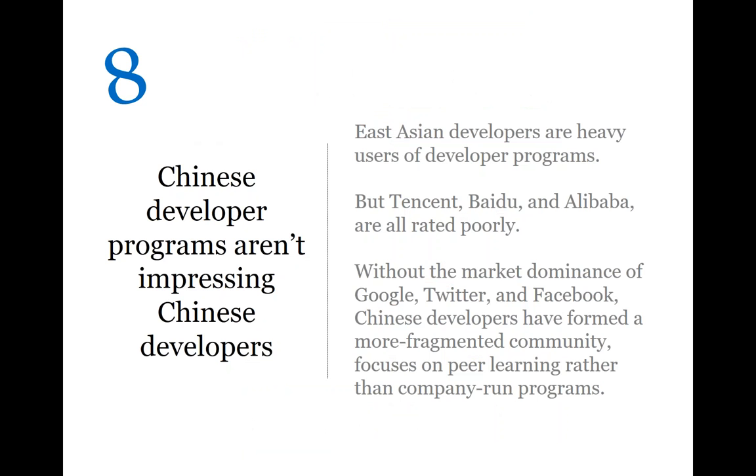Moving on, Chinese developer programs aren't impressing Chinese developers. It's an interesting thing, and if we look at the figures, we see that in East Asia, they're heavy users of developer programs. We know that they like developer programs. But if we look at the big Asian companies, Tencent, Baidu, Alibaba, all rated very, very poorly, scored very low on our chart.